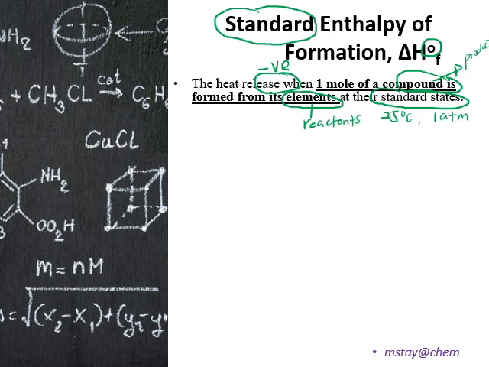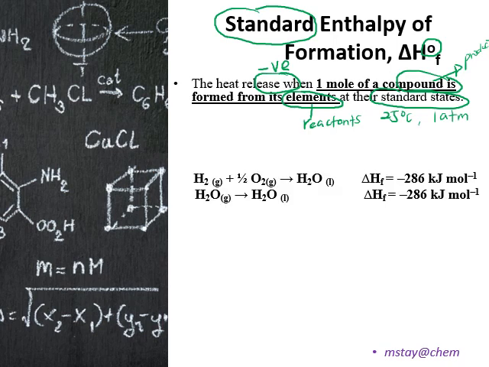Now let's look at here. We have two thermochemical equations. Between equation 1 and equation 2, do both of them fulfill the definition of standard enthalpy of formation? Like just now we said that the compound will be the product.